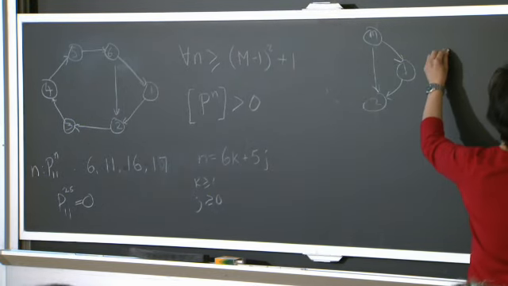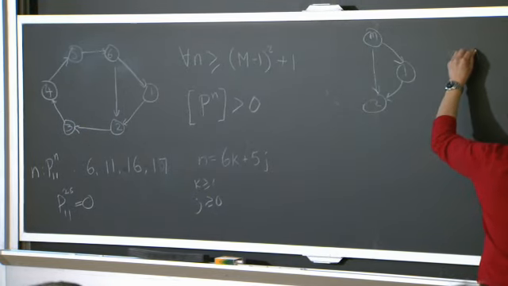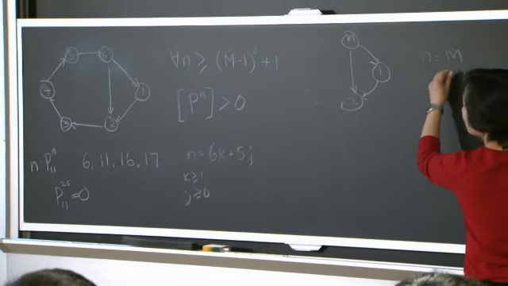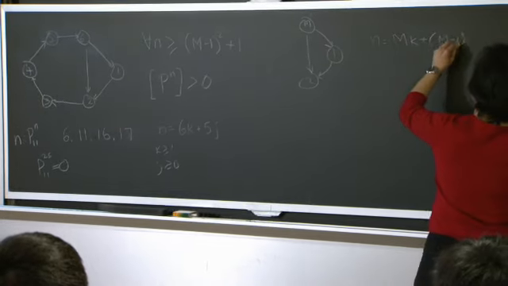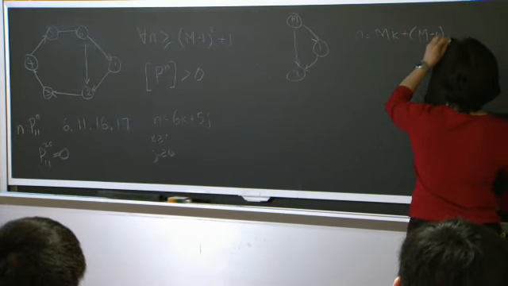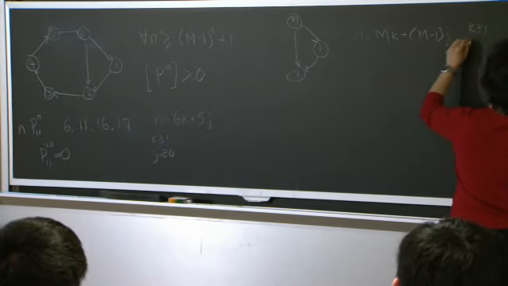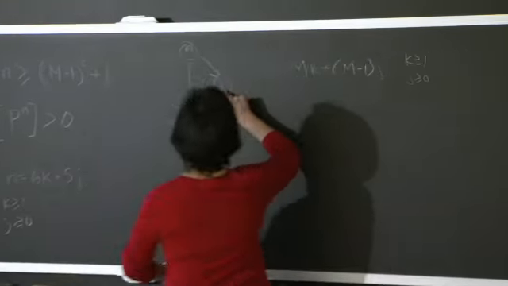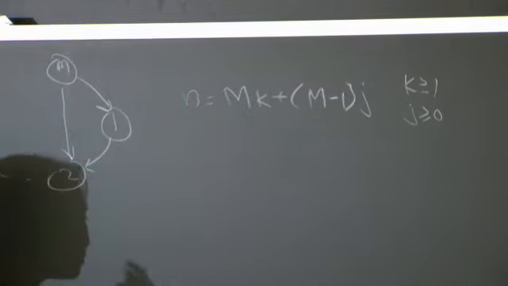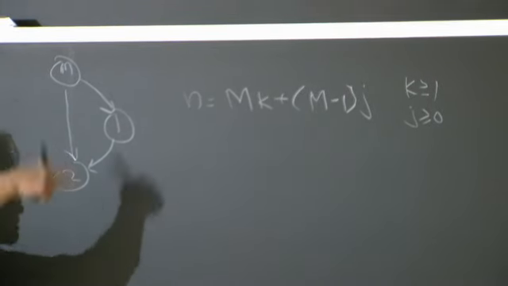So this will be the worst possible case for an m-state Markov chain. So it will be mk plus (m minus 1)j. So k has to be greater than or equal to 1, and then j has to be greater than or equal to 0, because you need to come back. So I'm just looking at the probability that I start in state 1 and come back to state 1.